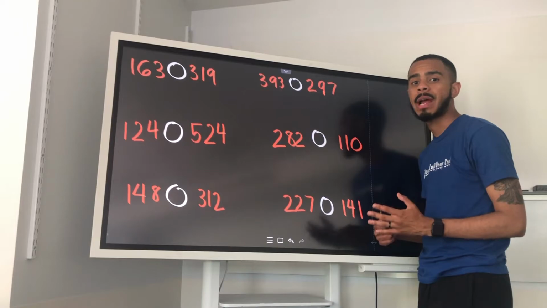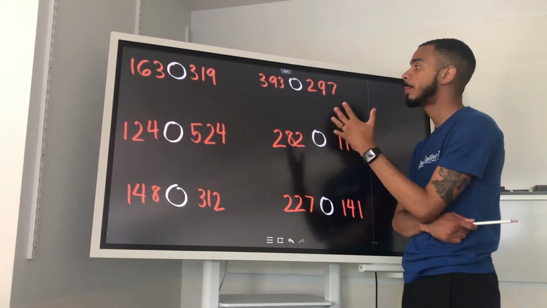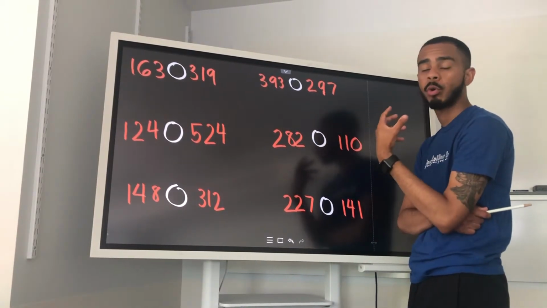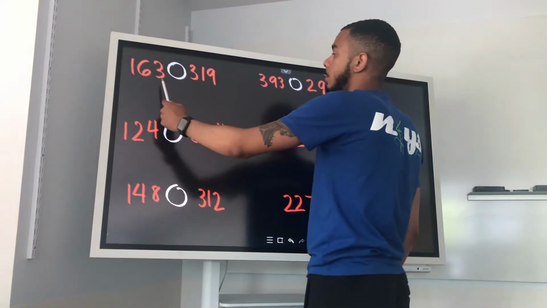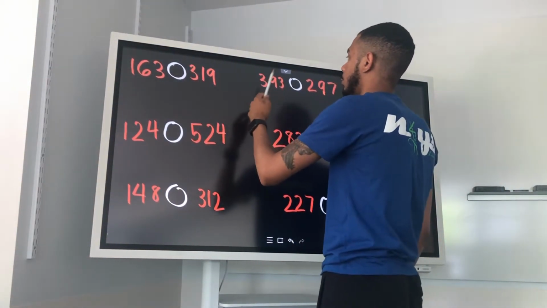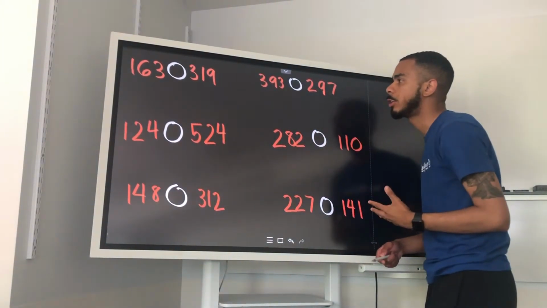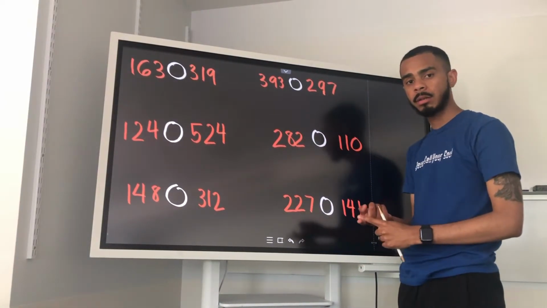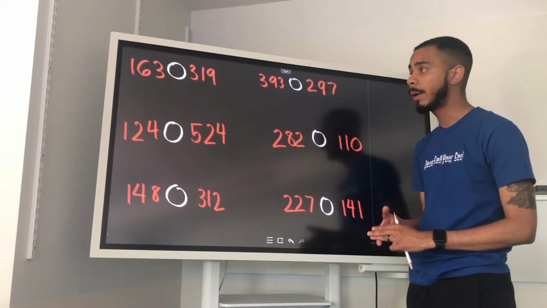Okay, welcome to the practice problems. Here, what I want you to do is to compare these 6 different pairs of numbers. So we have 163, 319, 393, 297, right? And you're gonna put the greater than, the less than, or the equal sign in this circle, right?